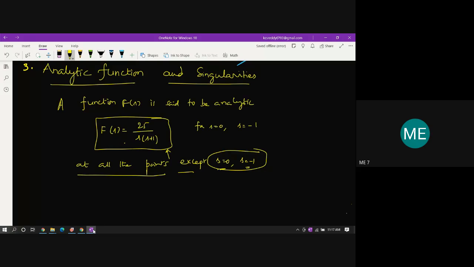We have talked about the analytic function now. Now what is singularity? It means a single valued function, a function which has a single value.